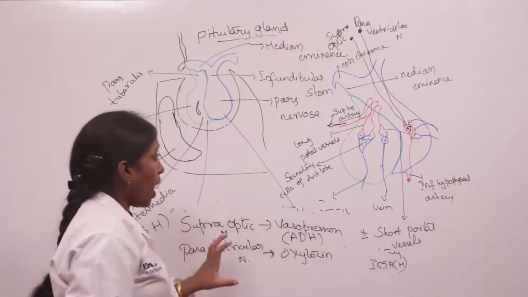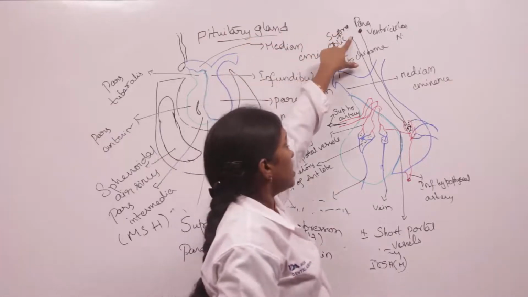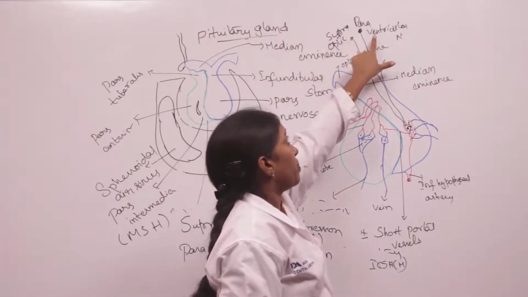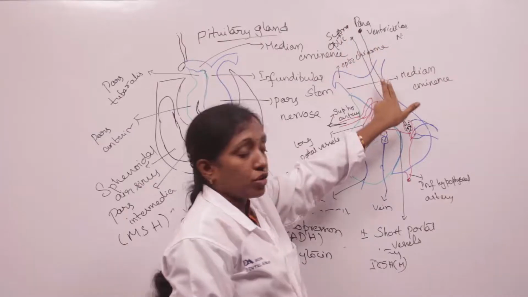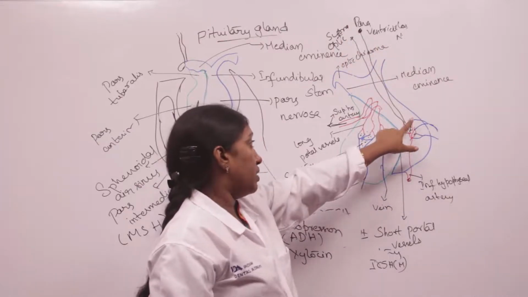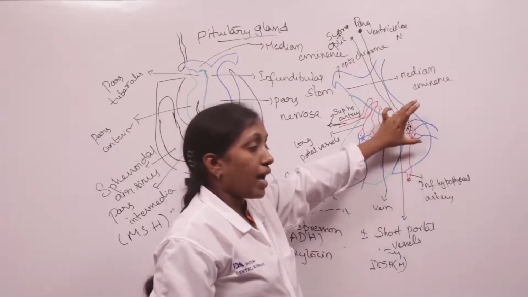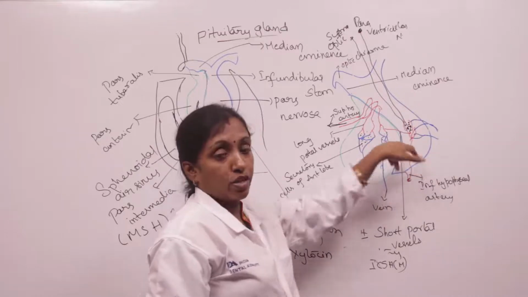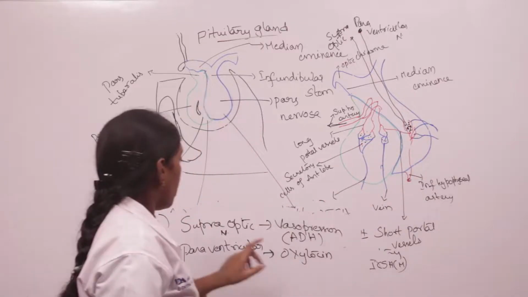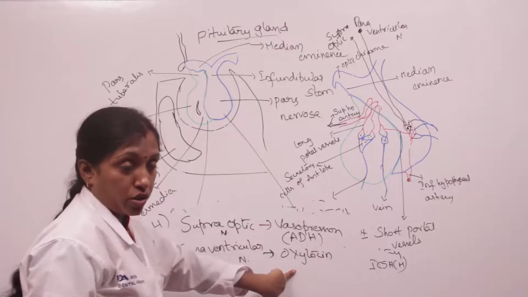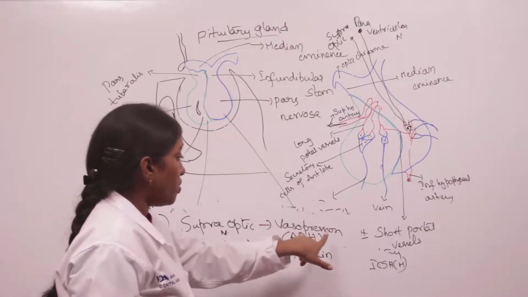So these two hormones are synthesized by the cells of the supraoptic and paraventricular nuclei. They pass along the axon and are present in the posterior pituitary. So the posterior pituitary acts as a storehouse of vasopressin and oxytocin. What is the function of vasopressin?